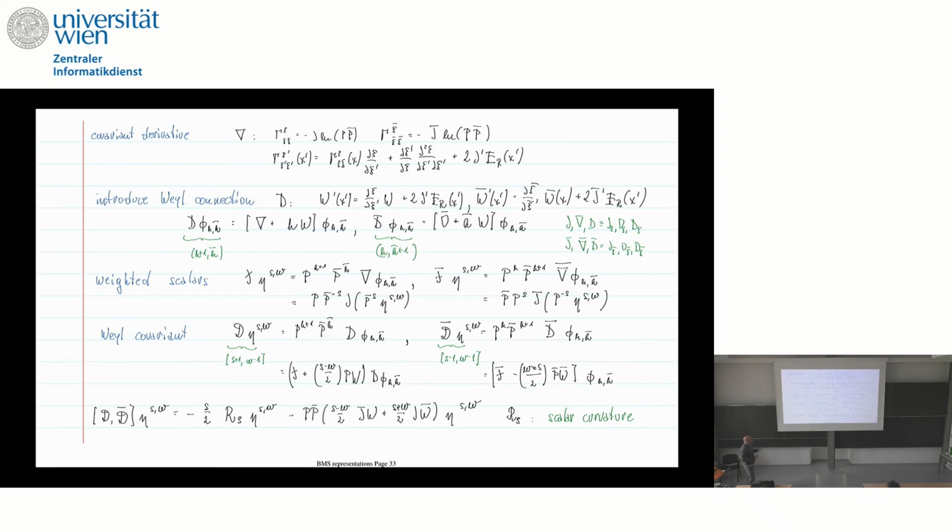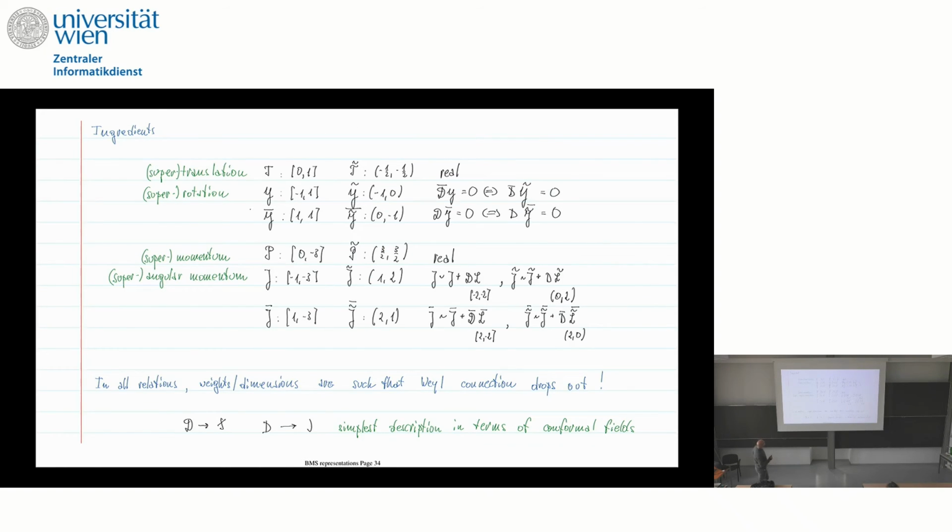But it turns out that what we are interested in the end, for the construction of the BMS4 group and its algebra, there are certain weights in which the Weyl connection completely drops out. And it turns out that in the case of the coadjoint representation of the BMS group, all weights and dimensions are such that you don't really need the Weyl connection.